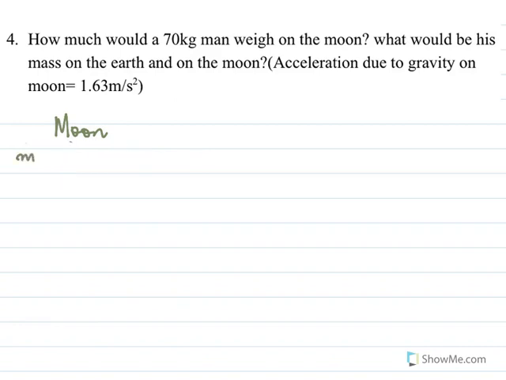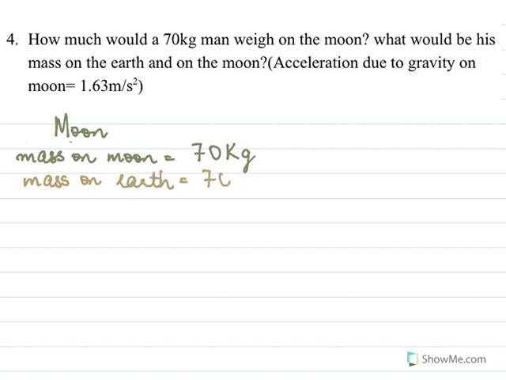So we have mass on moon equal to 70 kg. The next question is, what would be his mass on earth? The mass does not change. So mass on earth equals 70 kg. So mass on moon and mass on earth is the same because mass does not change.